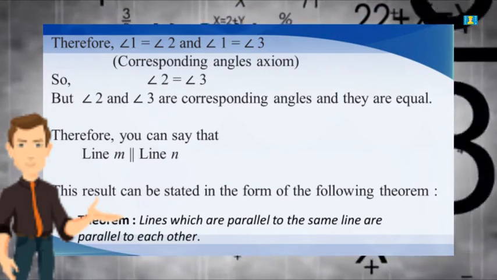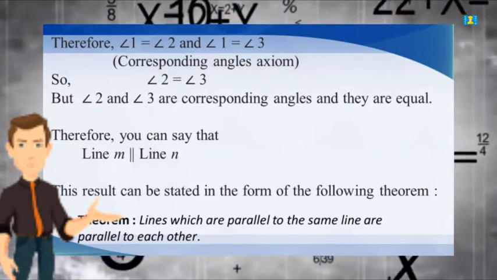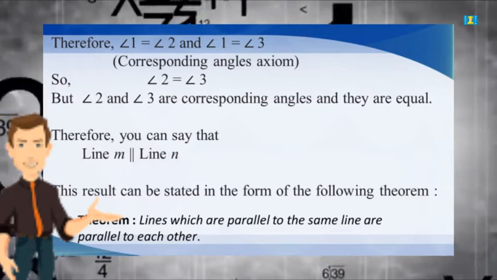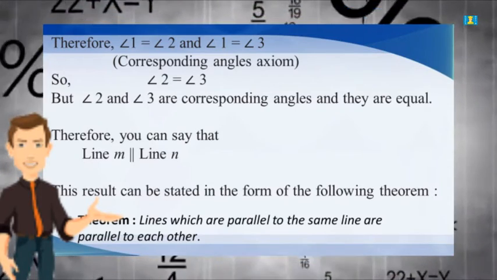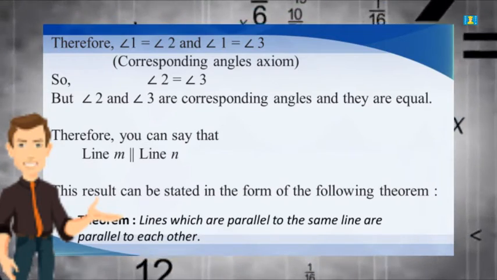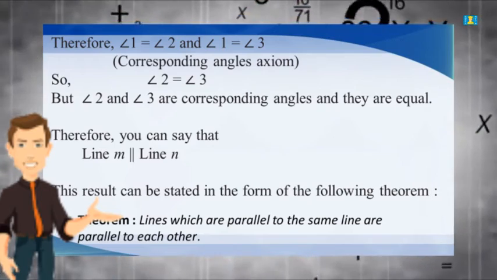So, angle 2 is equal to angle 3. But angle 2 and angle 3 are corresponding angles and they are equal. Therefore, you can say that line M is parallel to line N. This result can be stated in the form of the following theorem. The theorem states that lines which are parallel to the same line are parallel to each other.